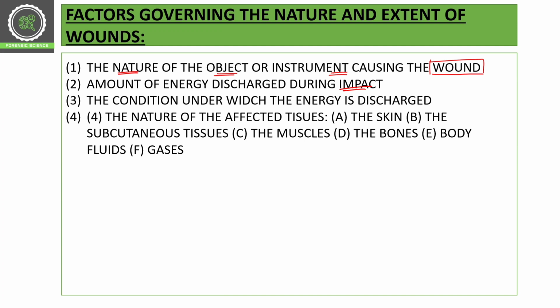If the energy transferred to the particular cell and tissue is greater than the tensile strength, and most tissues do not have tensile strength at all, then they cannot. That's why I am saying different tissues will have different tensile strengths, and the amount of energy matters a lot. So this is the second factor.